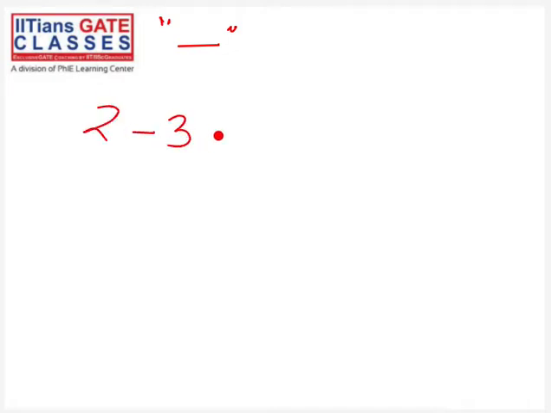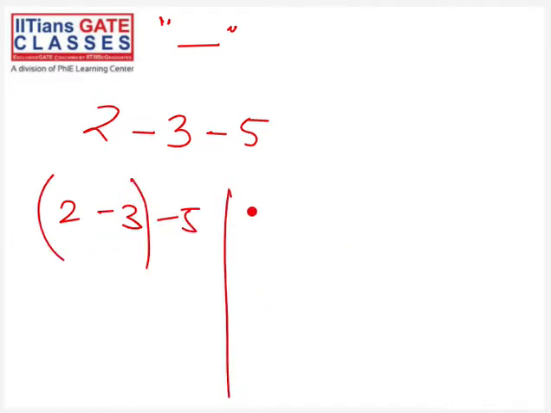If you have the subtraction operation sitting next to each other, for example, if I compute this first subtraction first, I compute like this. Another person can do like this. Now what will be the result here?